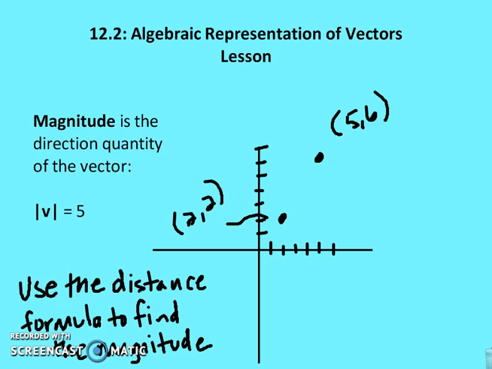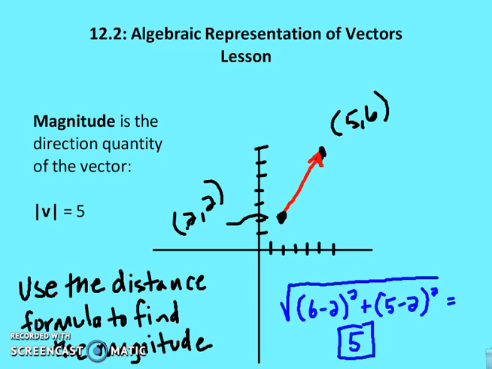So in this case, it would be 5 minus 2 squared plus 6 minus 2 squared, and then taking the square root of that summed value. So 5 minus 2 squared is 9. 6 minus 2 squared is 16. 9 plus 16 is 25. Square root of 25 is 5. And that ends up being the length or the magnitude of the vector. So again, you can use the distance formula to find the magnitude.